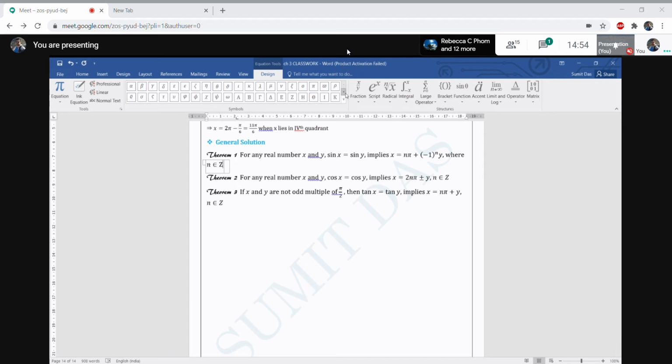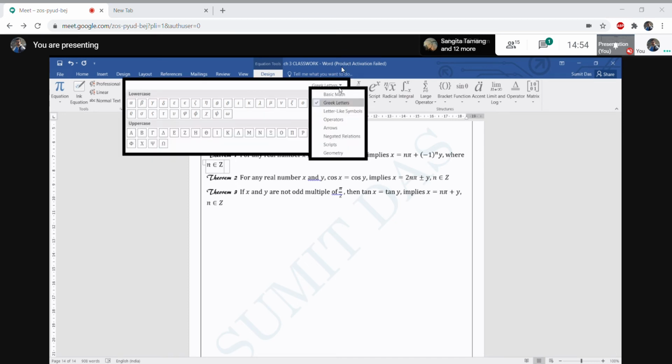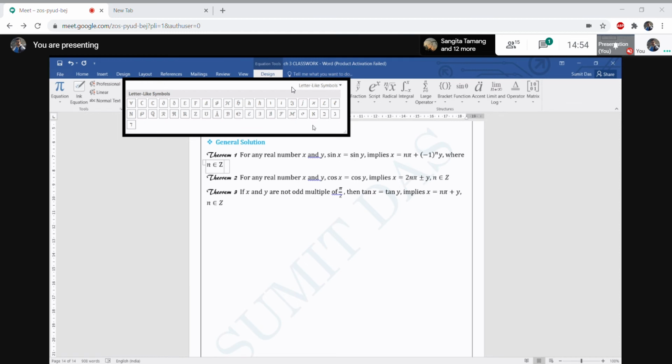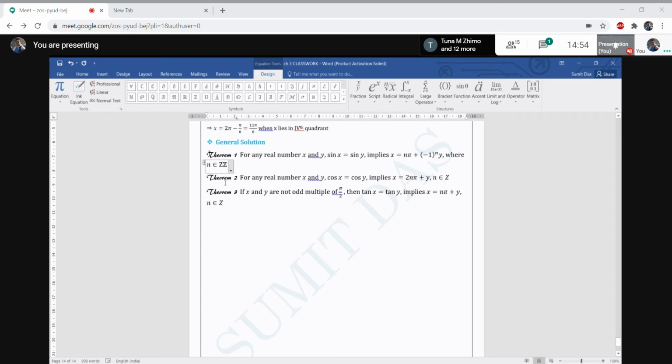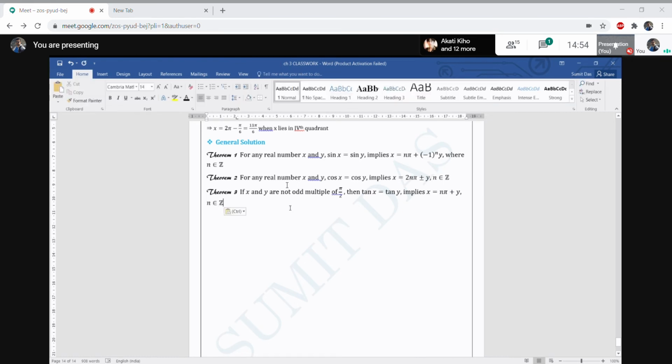Actually, this is double-struck Z. This is the set of integers.